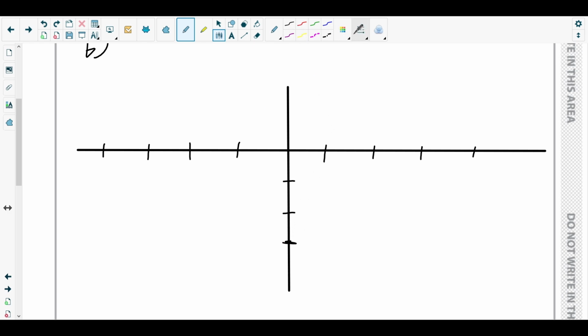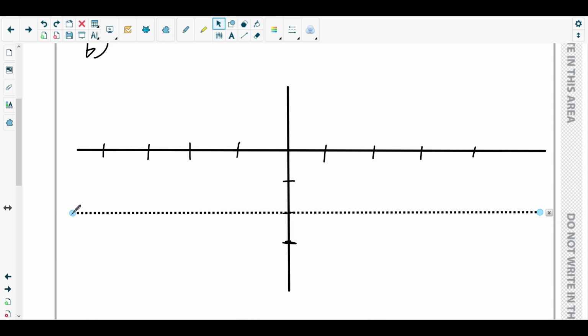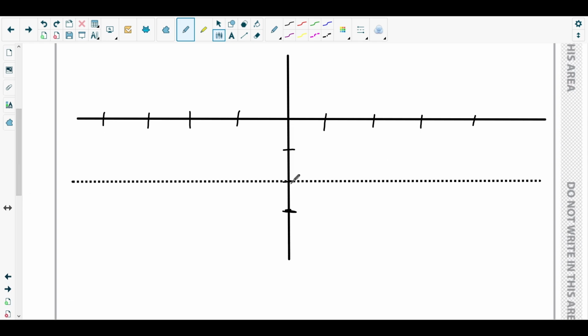Now consider an imaginary axis. Since the curve of sine theta will be translated along the y-axis by 2 units downward, let's say this is the imaginary x-axis here. Now we will just draw the curve. Sine 0 degrees is 0, so it will start from here. Sine 90 degrees is 1, so it will be at maximum, and then again 0, and then minimum.